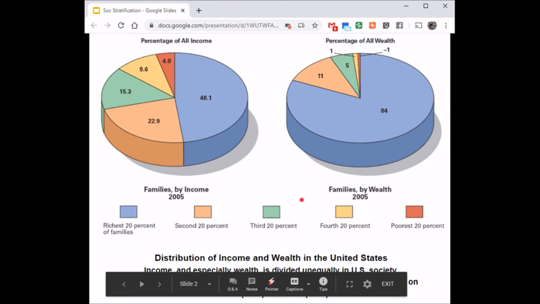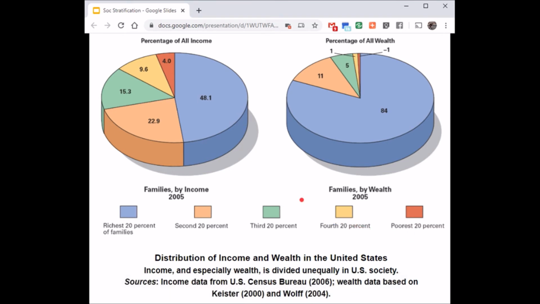Now, what I also want you to see at the very bottom of the slide, once that menu goes away, is that the sources of this are income data from the U.S. Census Bureau, right? Wealth data based upon some additional sources. So this is something that we track in the Census Bureau, okay?